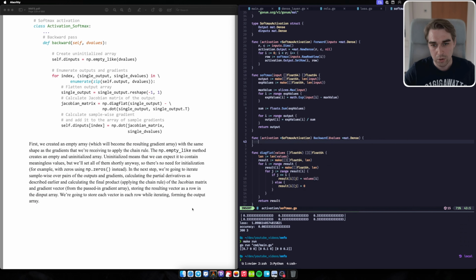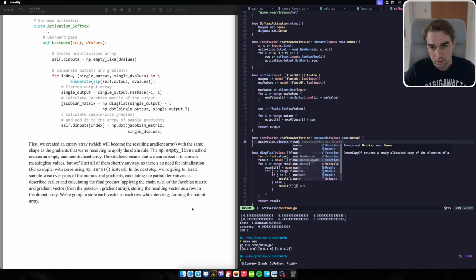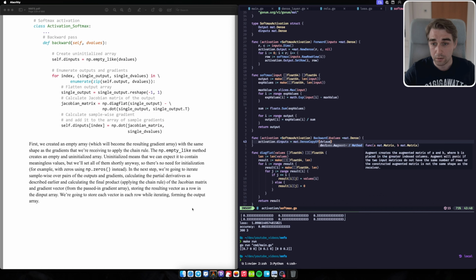Then I need to initialize the inputs, and that will be the dense copy of the values.